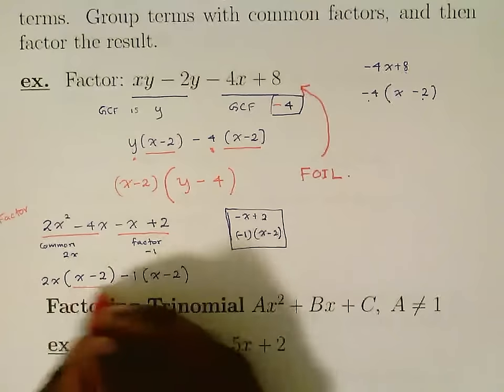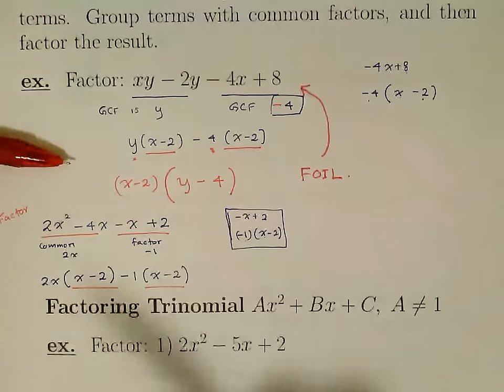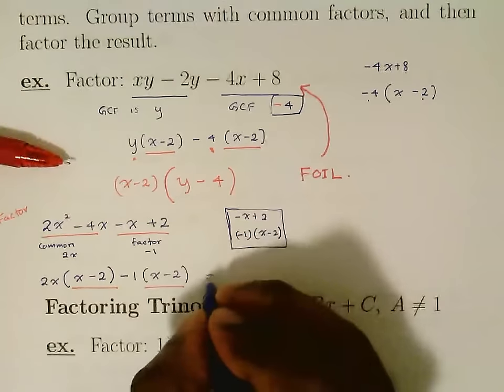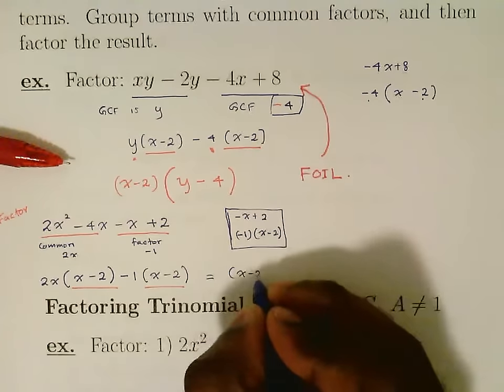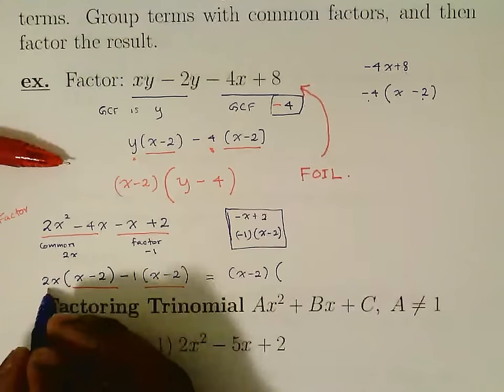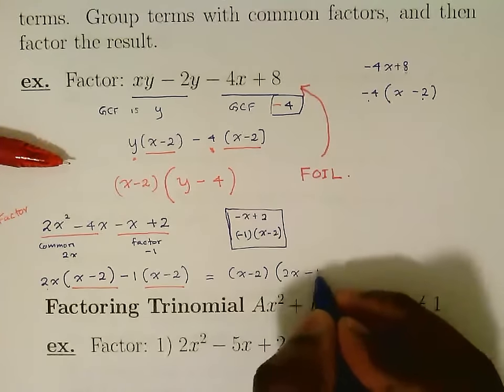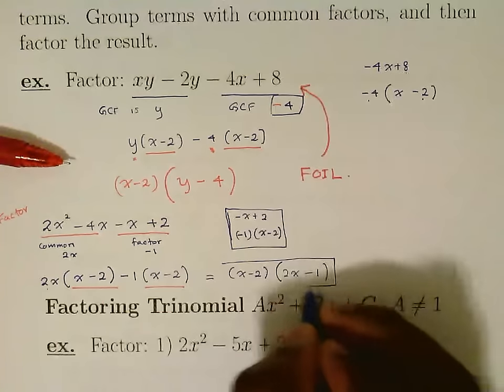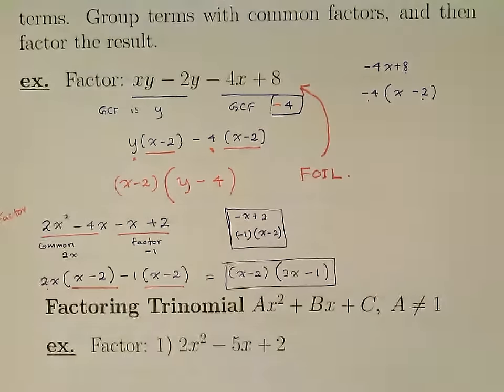And you can see x minus 2 is a common factor. Then that would be taken out, x minus 2, and then write what's remaining, 2x minus 1. That would be the correct factorization. So that is the technique that we will use to factor trinomials. Okay, so this will take a little while, but you can just answer the question you can see on the screen now.